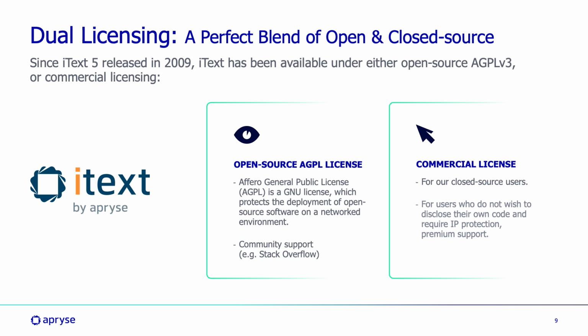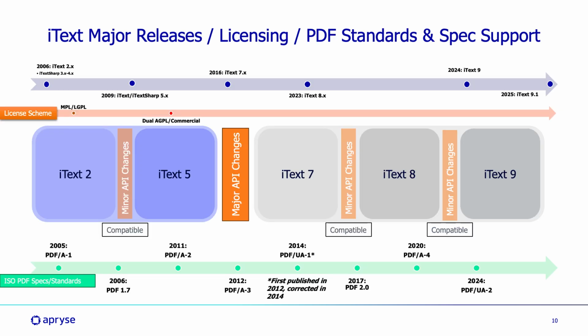Well, if you can't adhere to the requirements of the AGPL license, or won't, for whatever reason you may have, we have the commercial license available to you. And we've been having this AGPL and commercial licensing since iText 5, since way back in 2009. And I'll quickly show a timeline of how things happened.